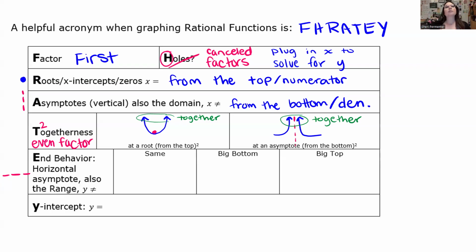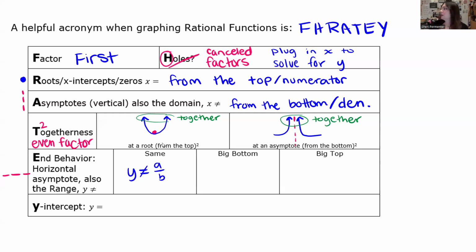Most of the time when the degree on the top and the bottom is the same, it ends up being y equals a over b, which is the ratio of the leading coefficients. Most of the time it's 1, so it ends up being y is equal to 1. Actually, I'm going to call it not equal, because it's not going to be equal at that point.